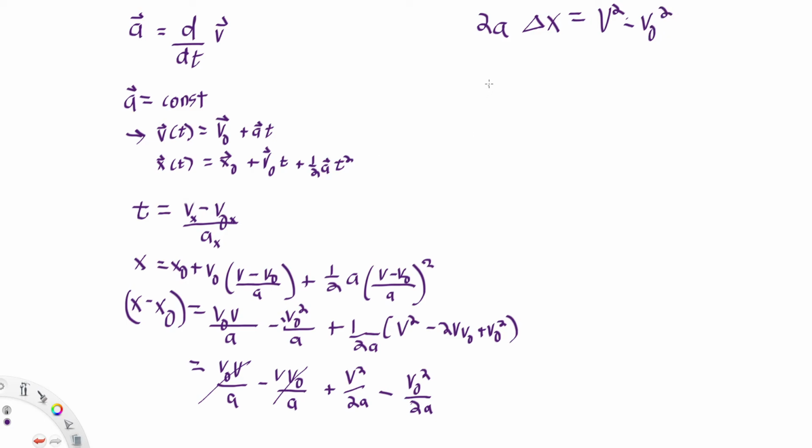All right, so we have an expression involving distance, acceleration, initial velocity, final velocity, but which does not involve time at all. So these three are going to be our equations of kinematics if acceleration is a constant. And these are going to be the first three tools in our toolbox.